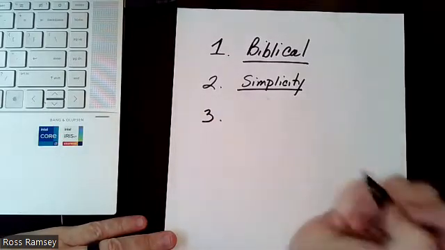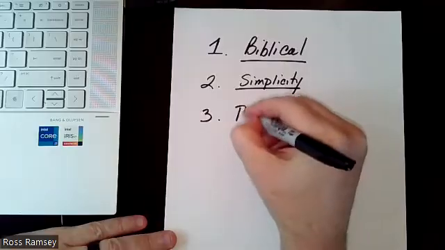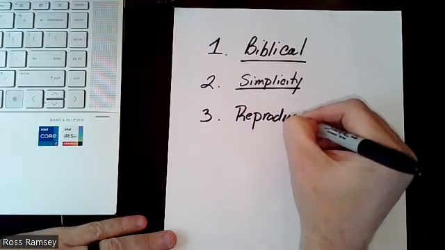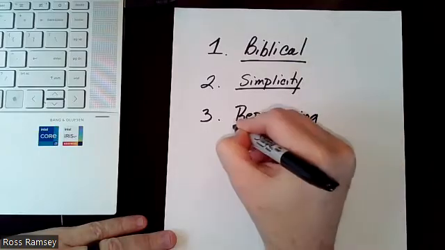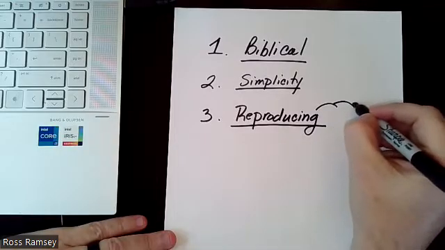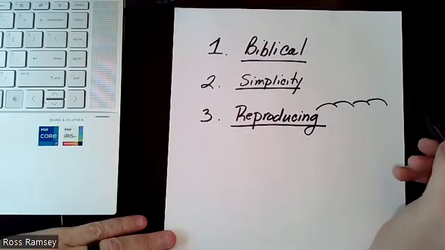The third thing we look for is reproducing. Now, this is huge. This is only time tested or case studies. Is the tool reproducing to first, second, third, and fourth generations?